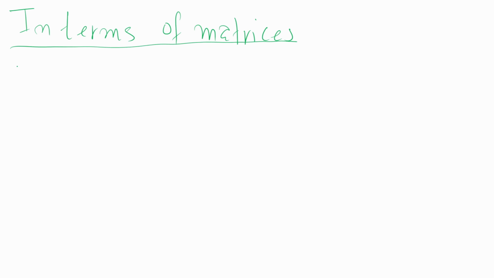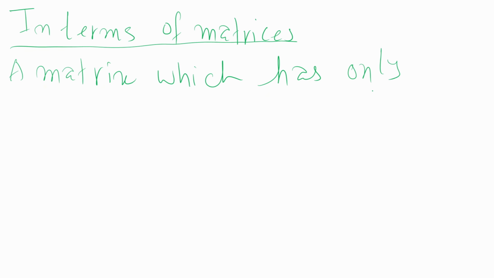Now we can also define scalars in terms of matrices as a matrix which has only one row and only one column.